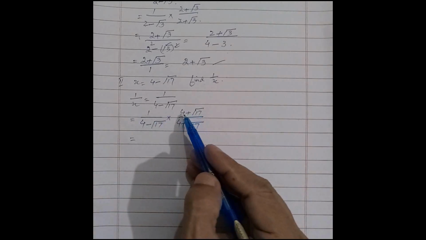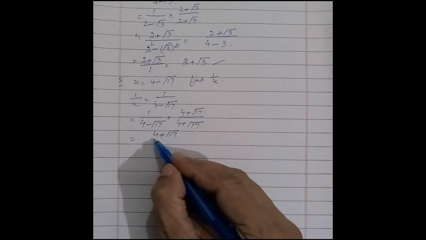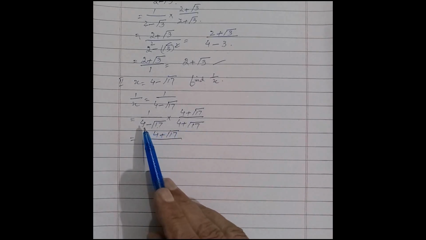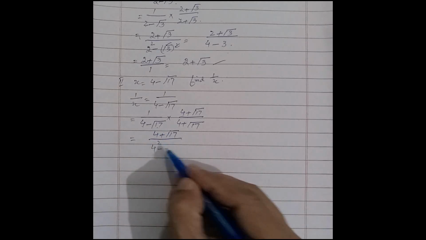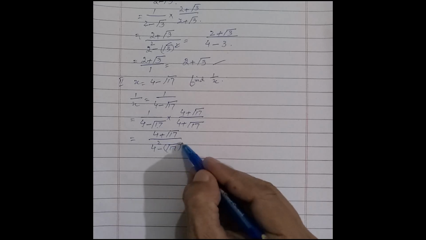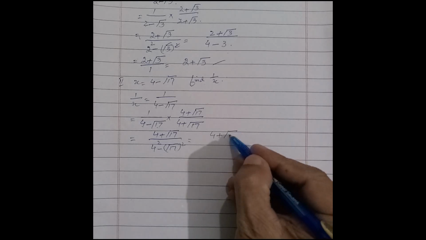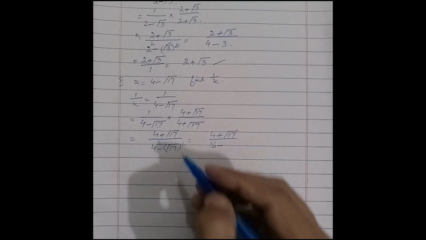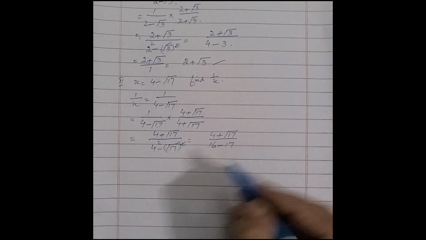We get 1 multiplied by 4 plus square root 17. The answer is 4 plus square root 17. And in the denominator, it is a plus b into a minus b. The answer is a square minus b square. Here a is 4 and b is square root 17. We take 4 square minus square root 17 square. And the answer is 4 plus square root 17 over 4 square is 16 and 17 square, square and square root cancel each other. We get 17.